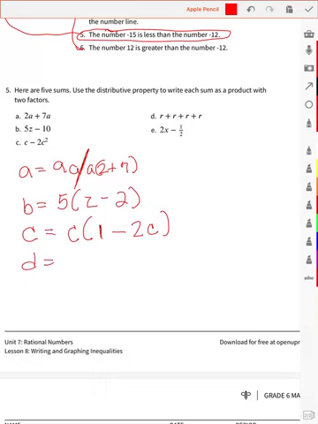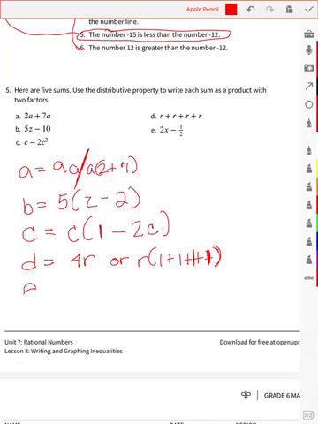For d, you have r plus r plus r plus r, which is 4r, 4 times r, or you could say 1 plus 1 plus 1 plus 1, so 4 ones, and then have it times r, which would be r plus r plus r plus r.